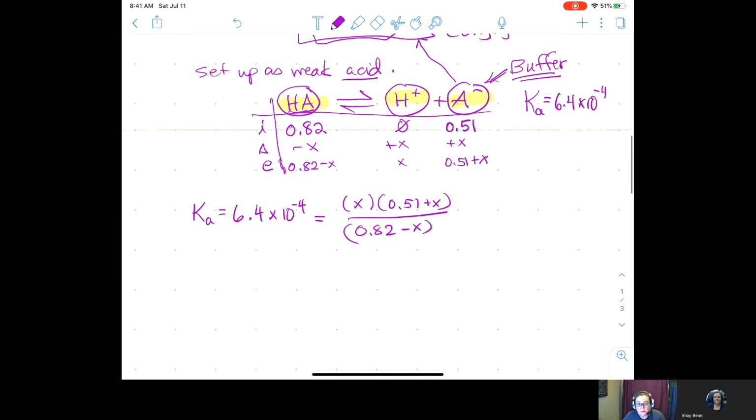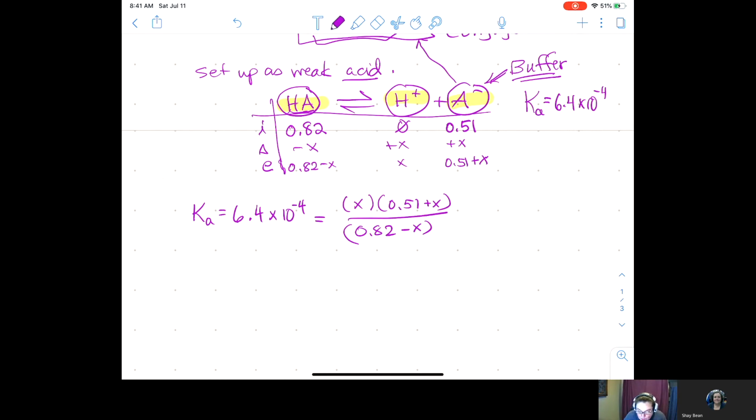And it turns out with these buffer problems, X is going to be very, very small, regardless of what the Ka value is. And that's because, by definition, a buffer solution is one that resists changes in pH values. So the plus X's and minus X's are going to be very small, because that's what a buffer does, it keeps the changes very, very small physically.